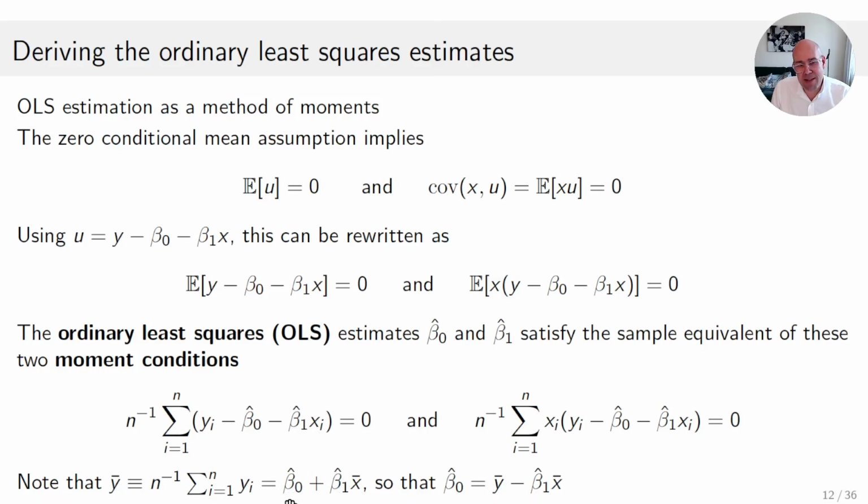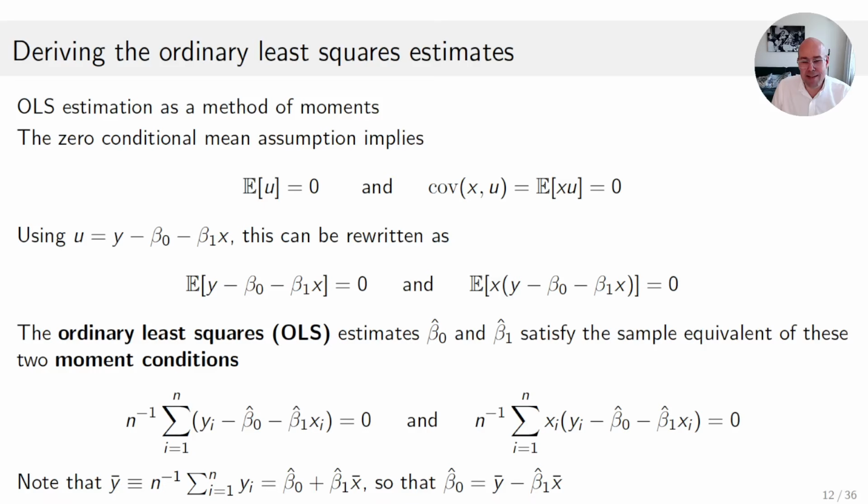Then what I get is that the average y is going to be beta naught hat plus beta 1 hat x bar, which is the average x. What that means is that my estimate of the intercept, my estimate of beta naught, is going to be beta naught hat equal to the average y minus beta 1 hat times the average x.